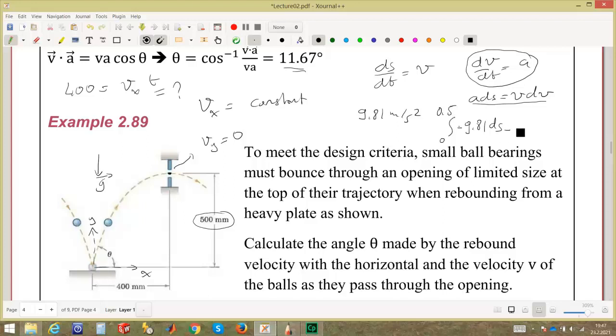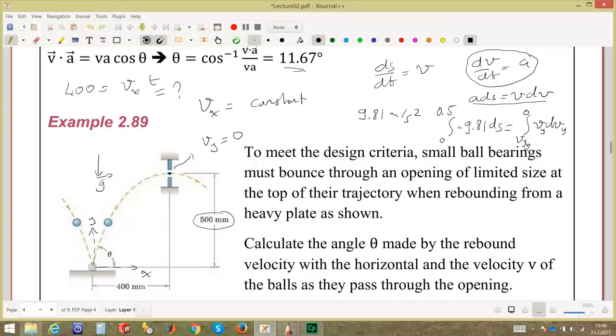On the right-hand side, the integration of vy dvy, with the initial velocity, which we don't know, let's call it vy0, and the final velocity is 0.